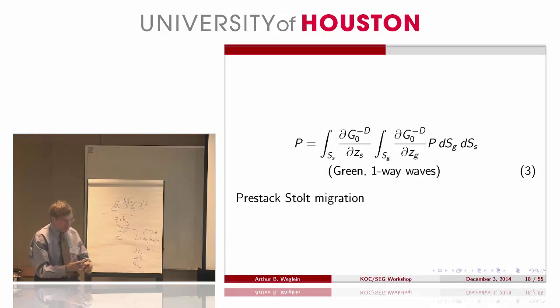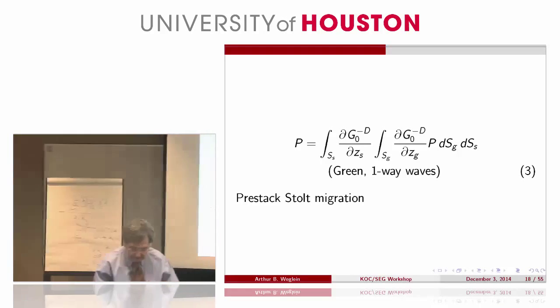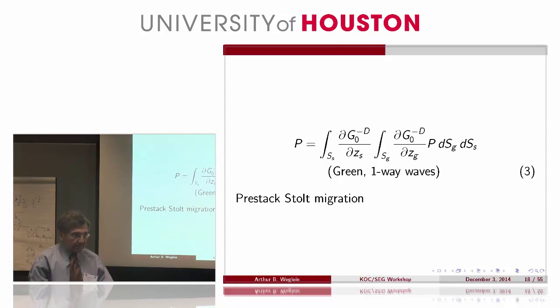So all I'm saying is pre-stack Stolt is Claerbout III realized in a homogeneous medium where waves are just moving up that you're trying to bring down for this experiment. That's all. So now we're going to say, how are we going to arrange that experiment when the waves are not moving up? That's the only thing we're adding.